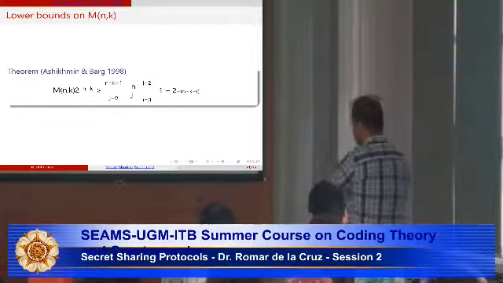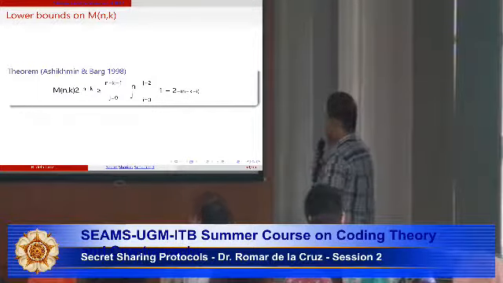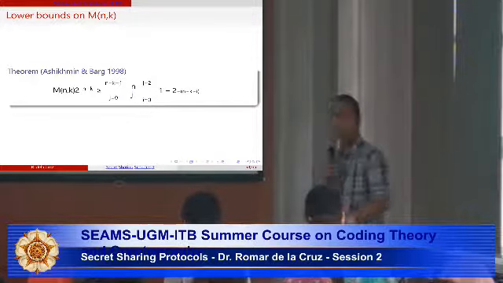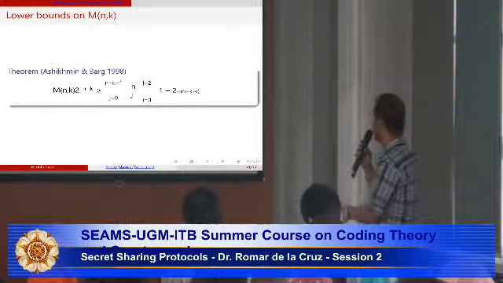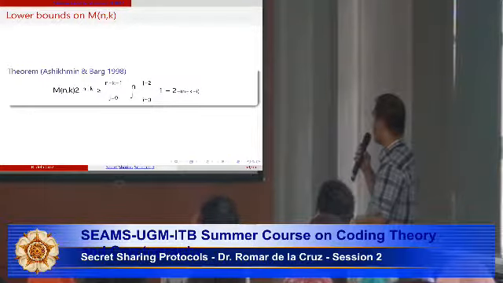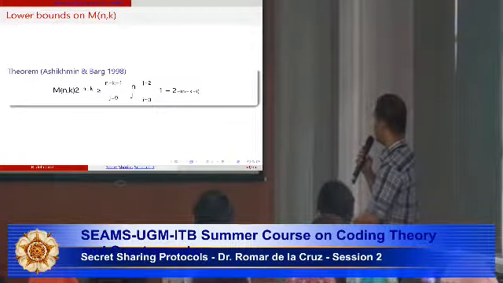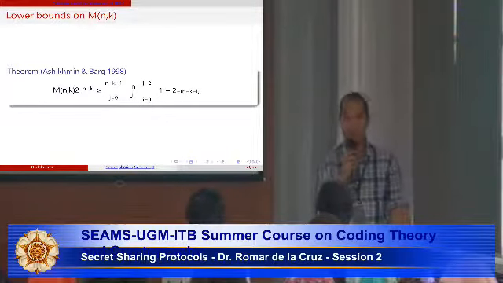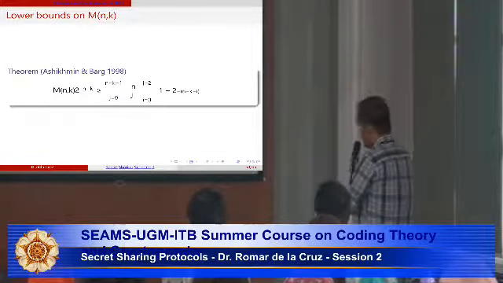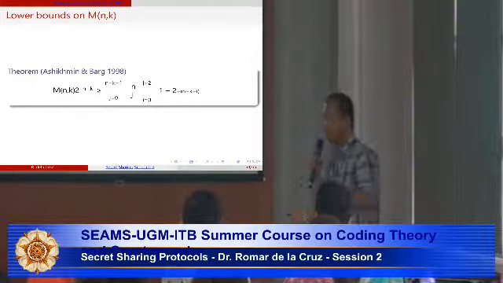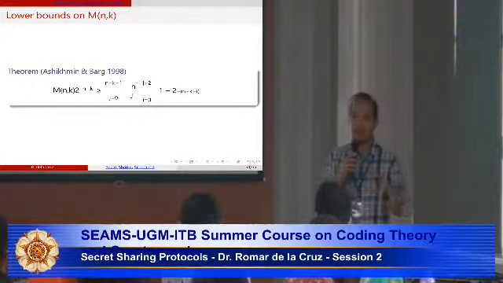Just to summarize, for this quantity, the maximum number of minimal code words for binary codes, we have the following upper bounds and the following lower bounds. We also computed exact values of this for small values of n and k.